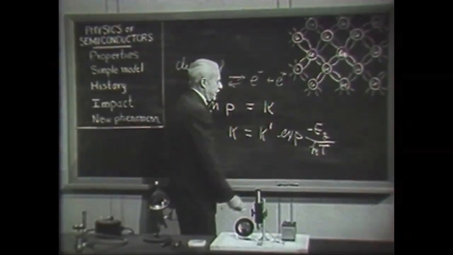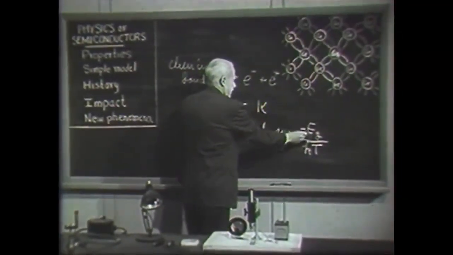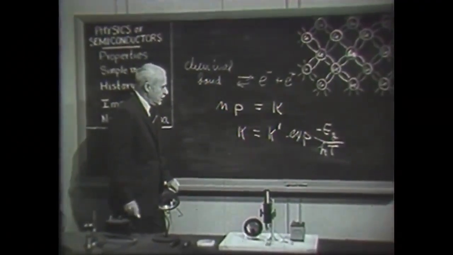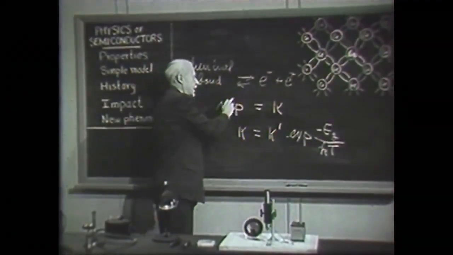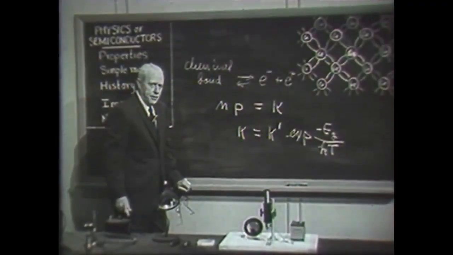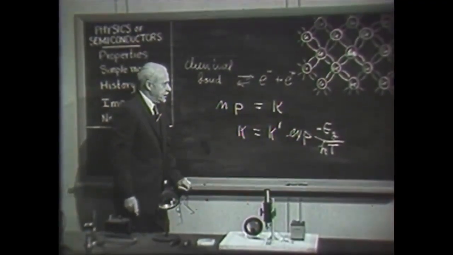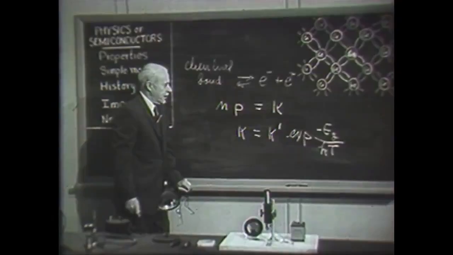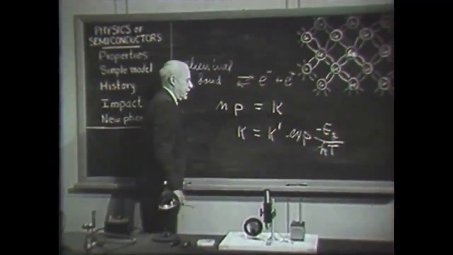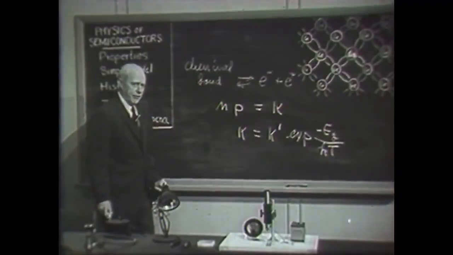The real part of the dependence of this equation on which particular semiconductor we took is how much energy was necessary to dissociate the chemical bond. If we had taken, instead of germanium, another semiconductor, the E_G would be different. And this is about the only thing in this equation that would have been different.